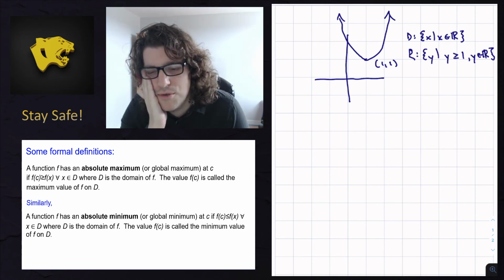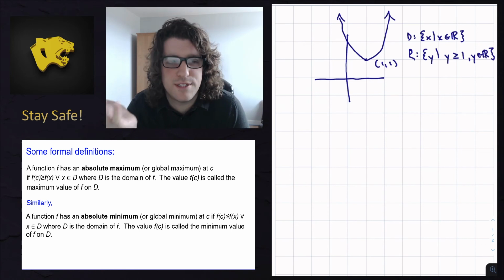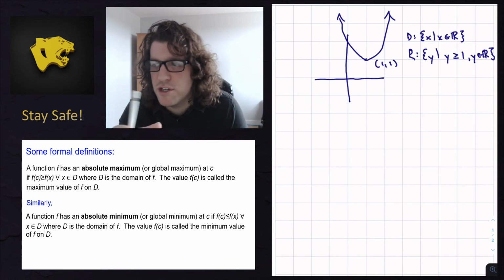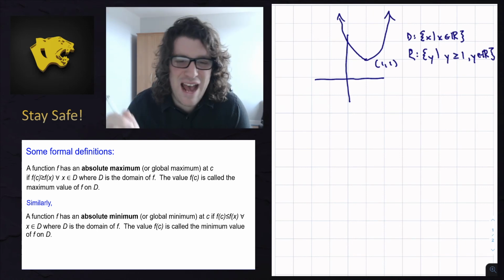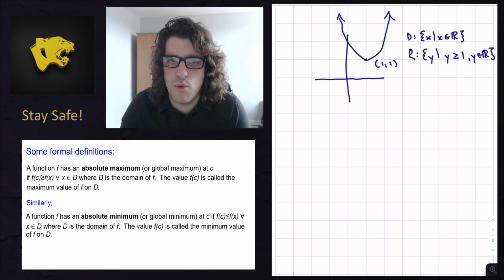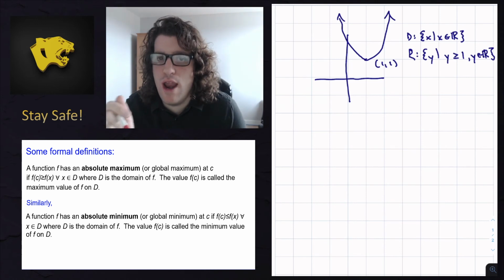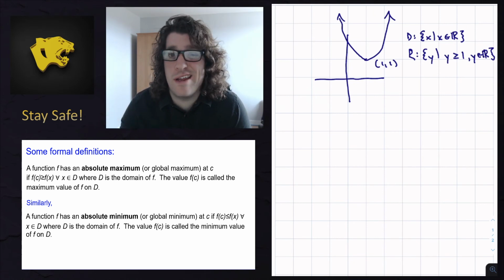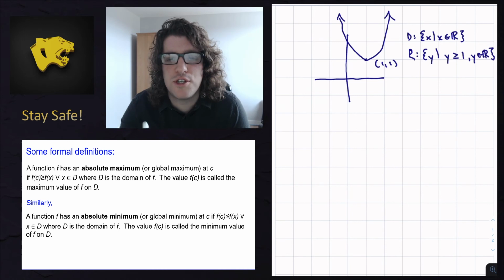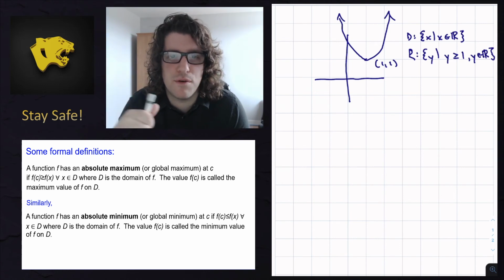So just to make sure that we're referring to the same thing at the same time, let's get into some definitions of what's going on here. If you have an absolute maximum, some people will call it a global maximum, that means that that function will never, over the entire course of its domain, give you a range value, or y value if you wish, that is larger than the one that you're currently looking at, or more positive if you wish.